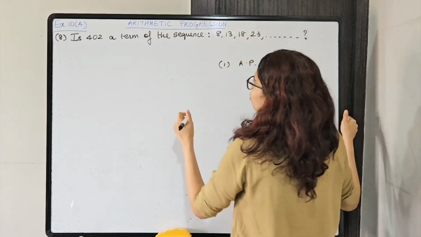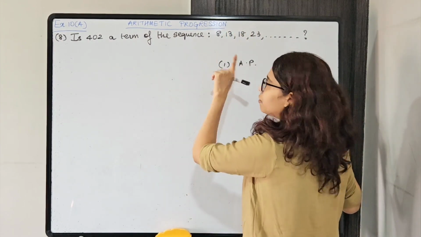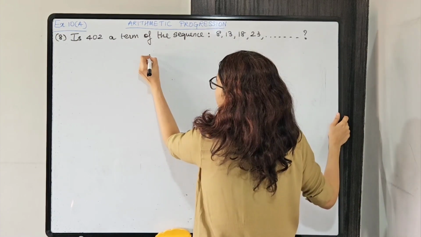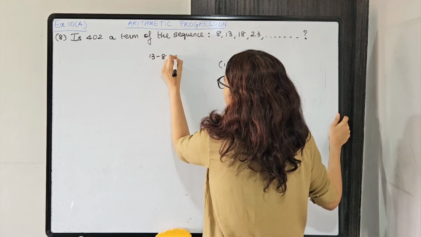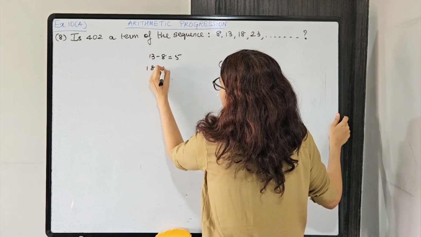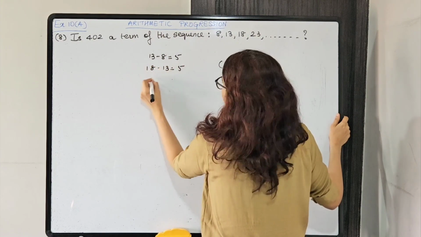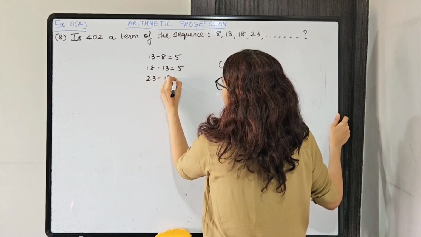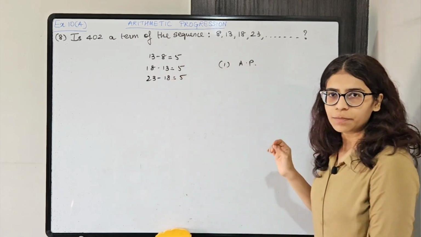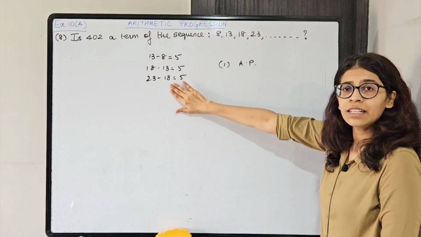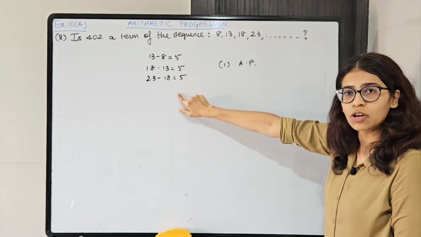So find the difference of all the consecutive terms given. 13 minus 8 is 5, 18 minus 13 is 5, 23 minus 18 is 5. So yes, it is an AP because the difference is constant.